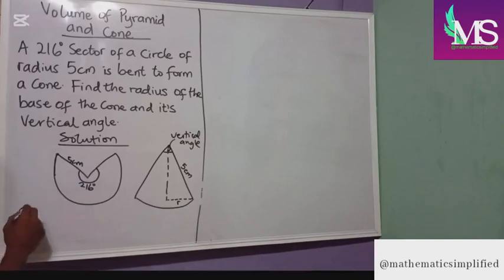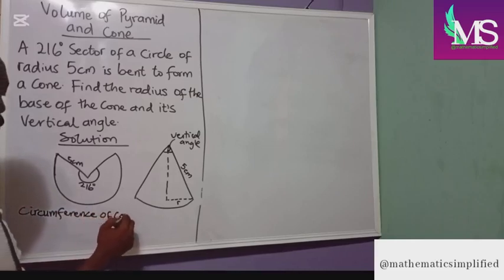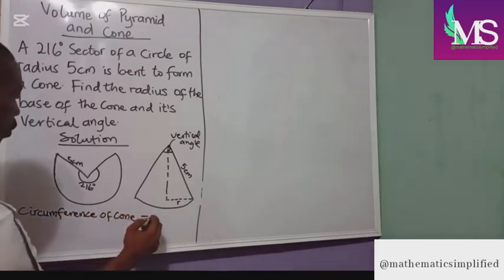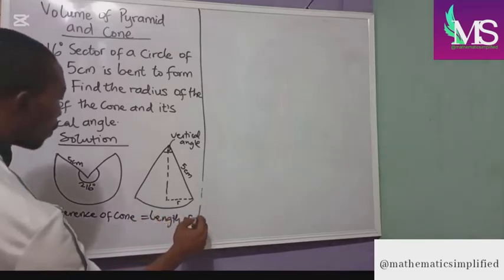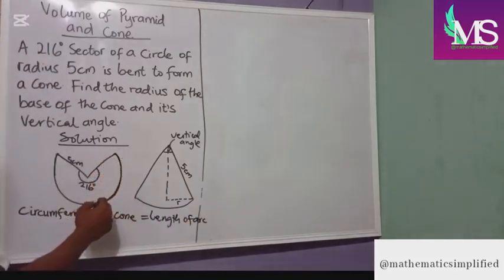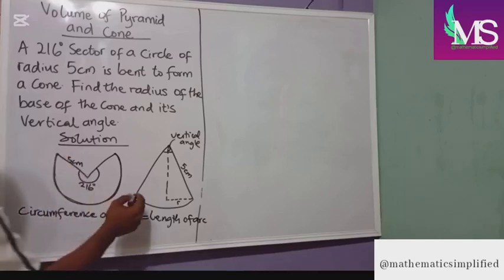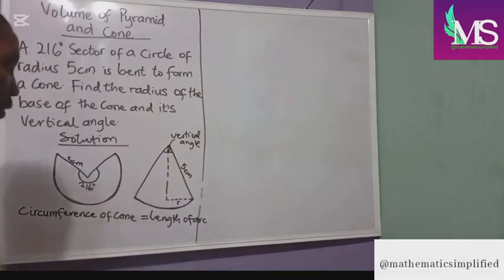Remember that circumference of cone equals length of arc. This length of arc is what forms the circumference of our cone.